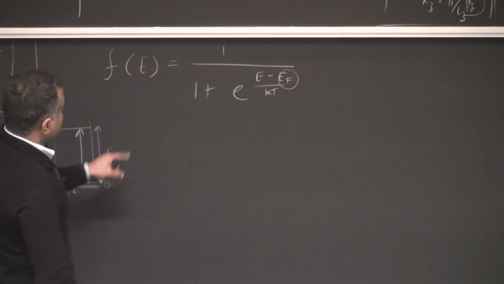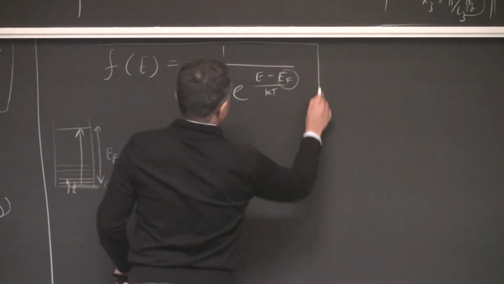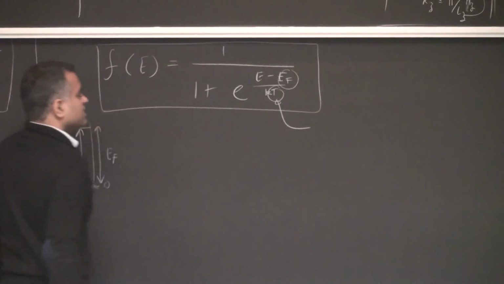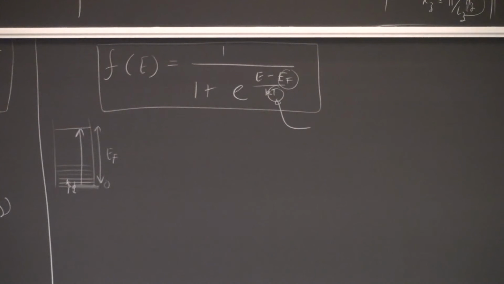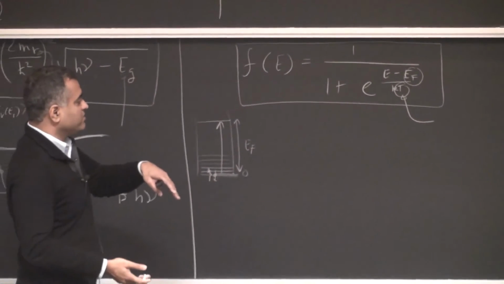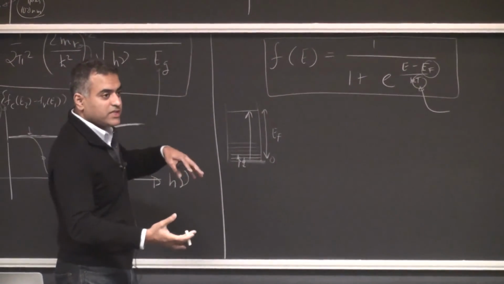Now, this is true in thermodynamic equilibrium. Just like we had for the black body, the equilibrium is sitting here. What do I mean by that? I mean that if I have a semiconductor and I look at equilibrium, the semiconductor itself is sitting on maybe a package, and the package is sitting maybe in a room, and the room is at a certain temperature, so everything is at a certain temperature.